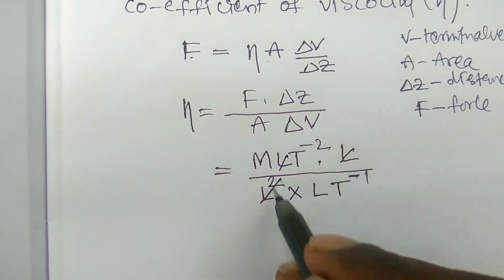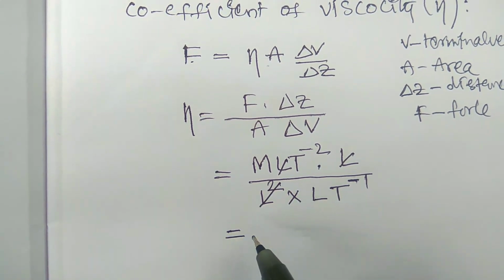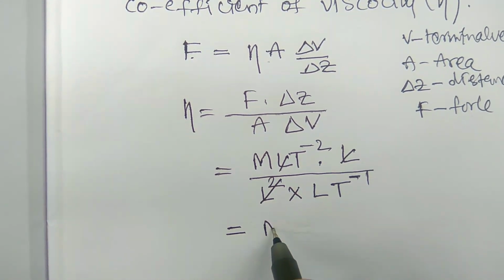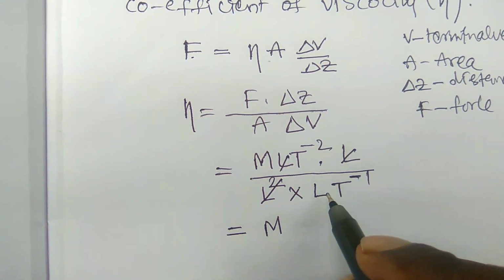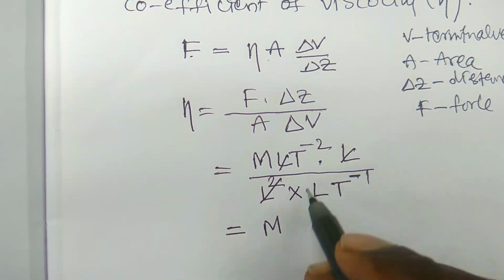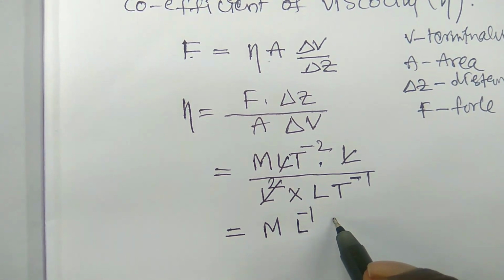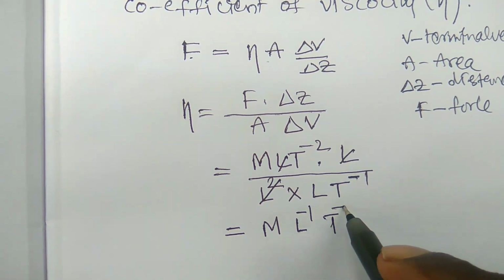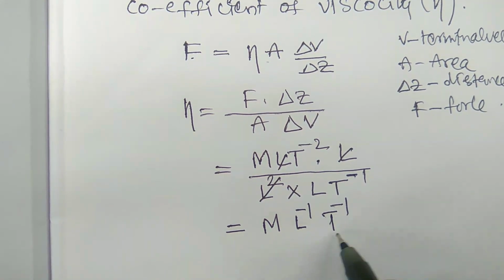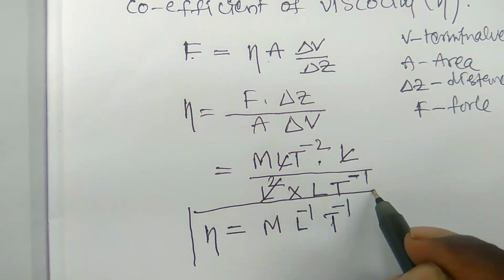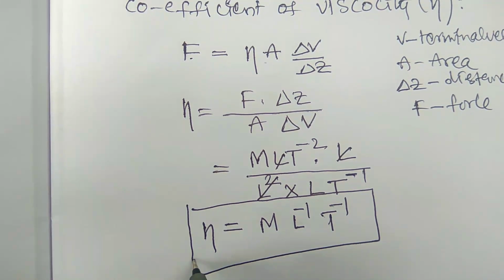So we get M, L power minus 1, and T power minus 1, that is ML minus 1 T minus 1. This is the dimension formula for the coefficient of viscosity.